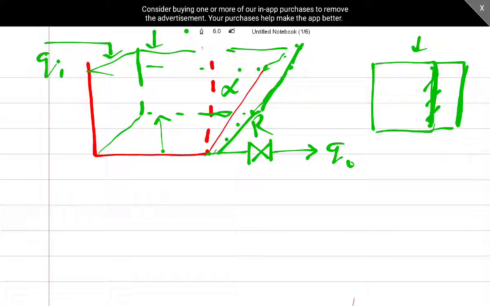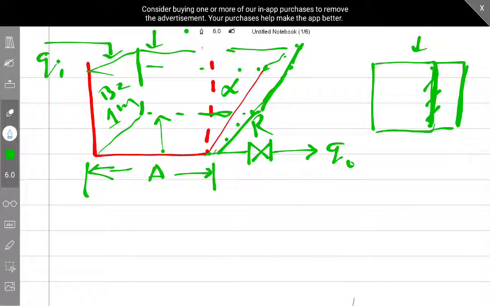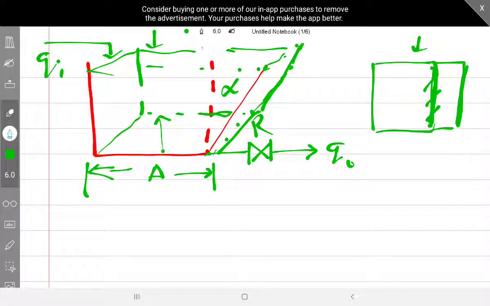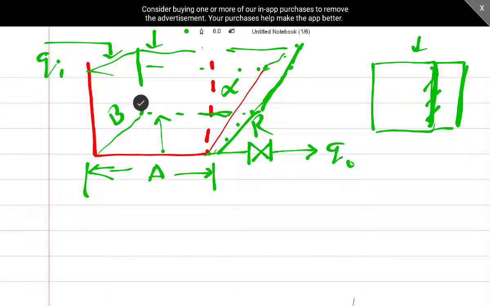Now you see this distance is 1 unit or 1 meter you can say, and this distance I will consider as A, and this is B. I consider B as the breadth, and this height is H. Now this is the structure of the tank.